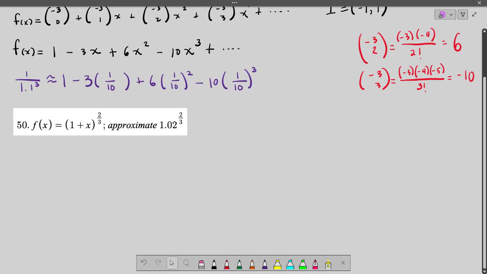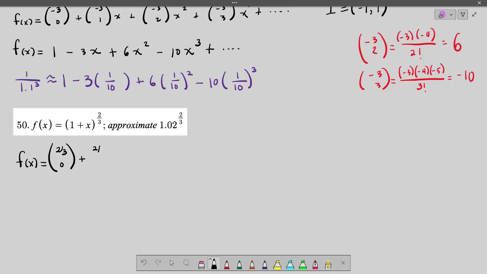Okay, let's try this one. So here, what is the p-value when you see that? 2/3. So our function is going to be, we're going to do 2/3 choose 0 plus 2/3 choose 1 times x plus 2/3 choose 2 times x squared plus 2/3 choose 3 times x cubed.